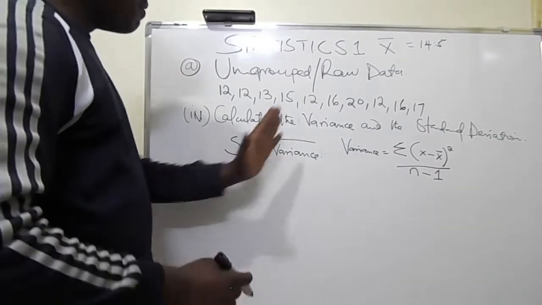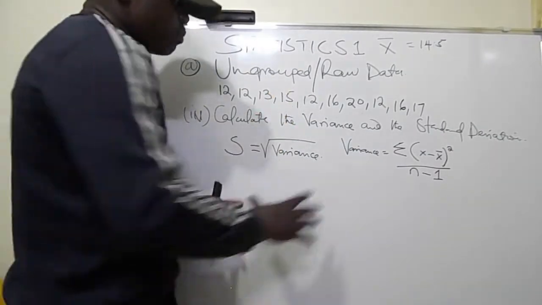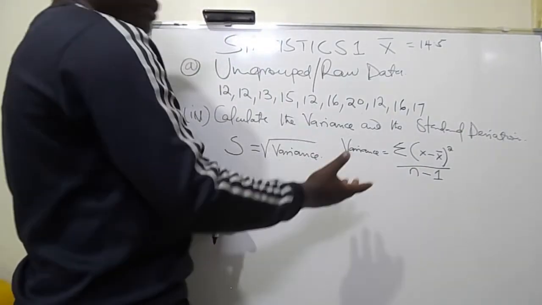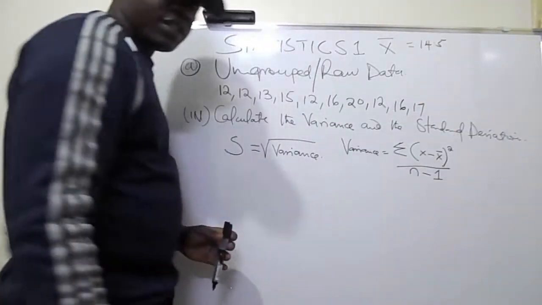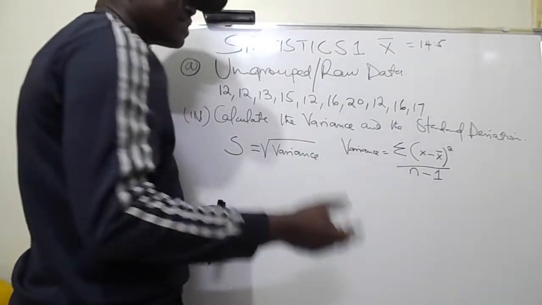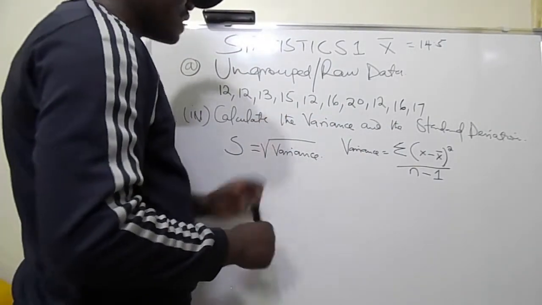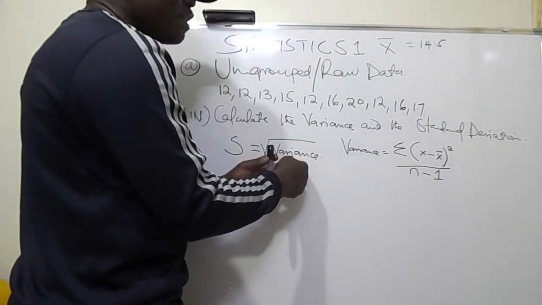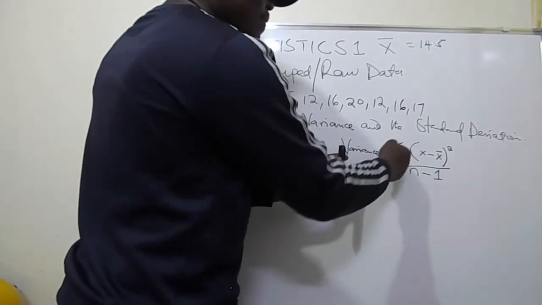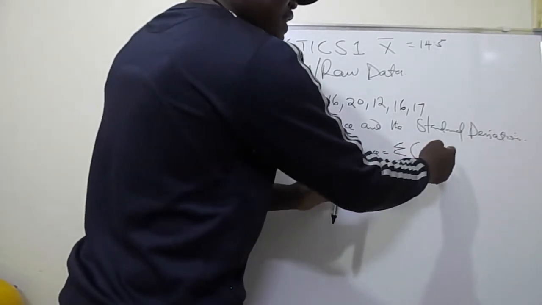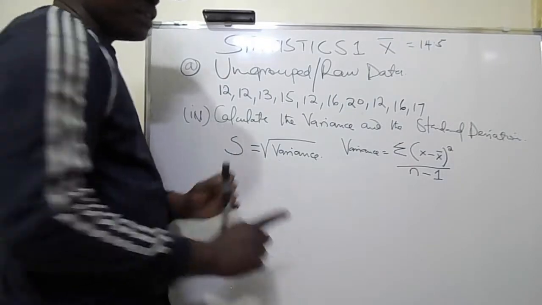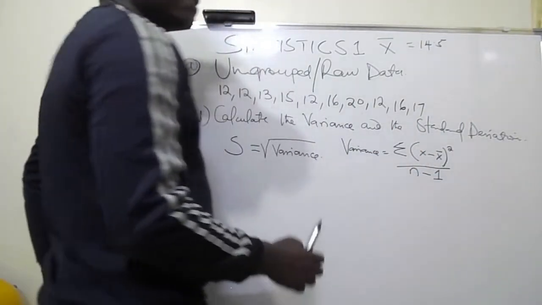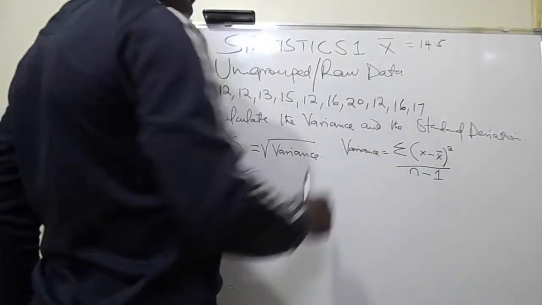Alright? So before you proceed, you must always have this at your fingertip. You can be told to find the standard deviation without being asked to find the variance. In the back of your head, you must understand that for you to arrive at the standard deviation, you must find the variance. And the formula of finding the variance is the summation of x minus x bar squared divided by n minus 1, where n is the total number of data in that data set.